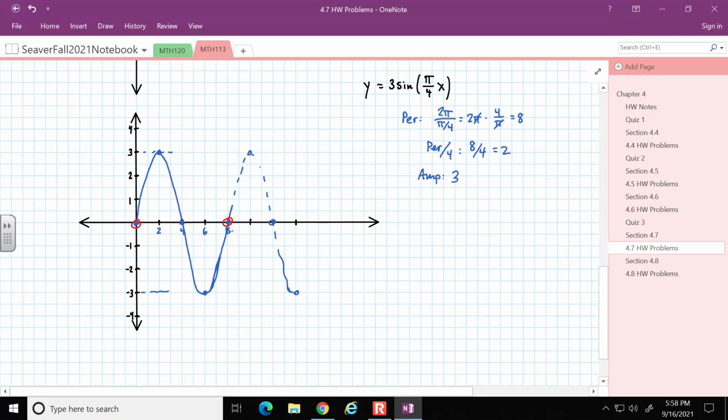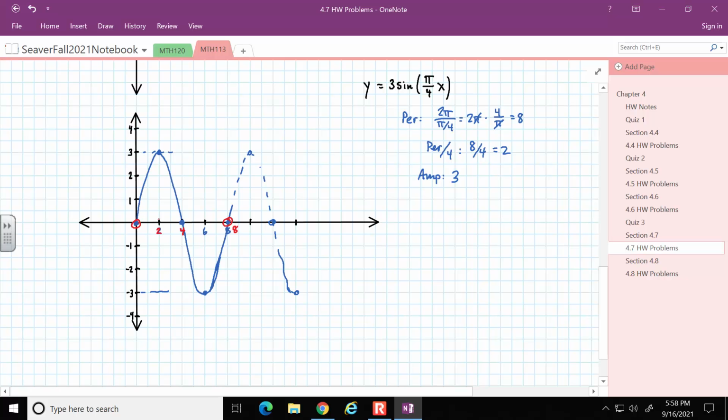From here to here, this should be 8, right? Because that is your period. There are really 5 key points: your start point, your end point, and then those 3 points in between. So you could take that 8 and ask what's halfway between, and that would be 4. And what's halfway between 4? Well, that would be 2. That 2 is what gives me the clue as to what's really going on.